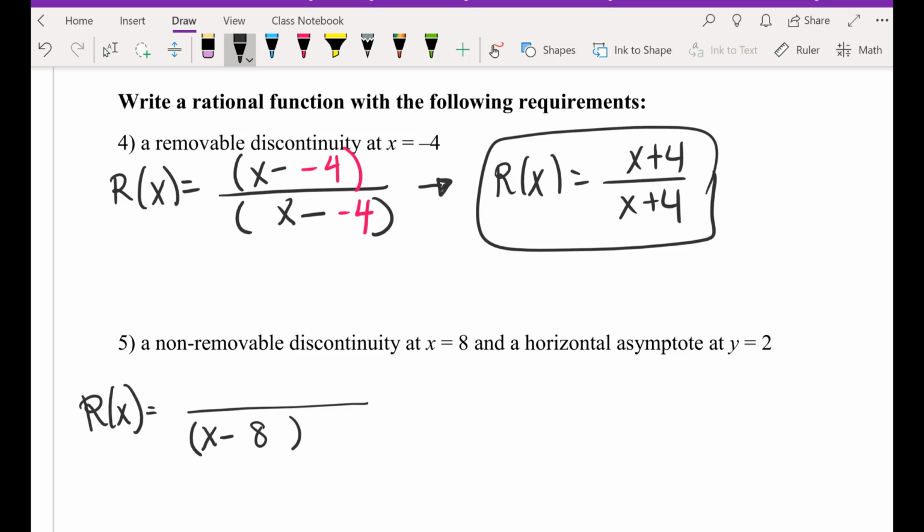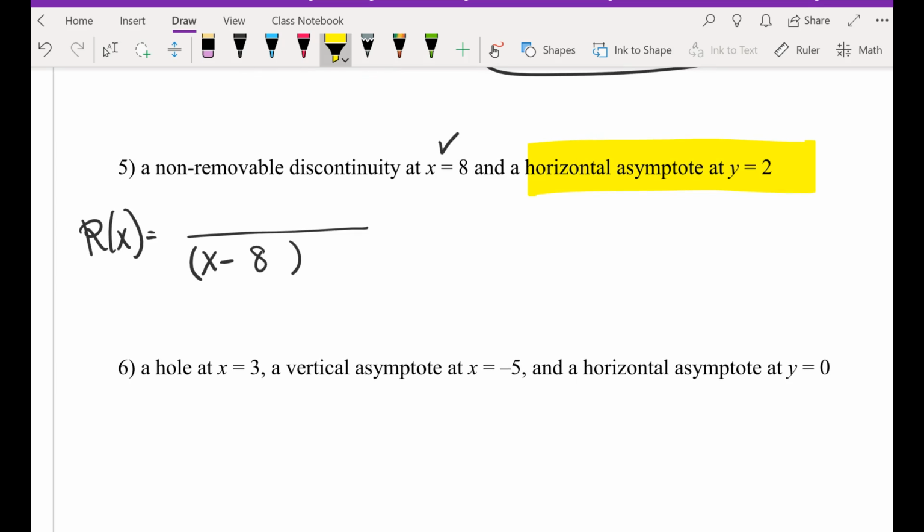No. Okay, so I have met that piece. The next piece that we have to meet is this. A horizontal asymptote at y equals to? When would you have a horizontal asymptote? That's not 0. What must be true based on your notes?